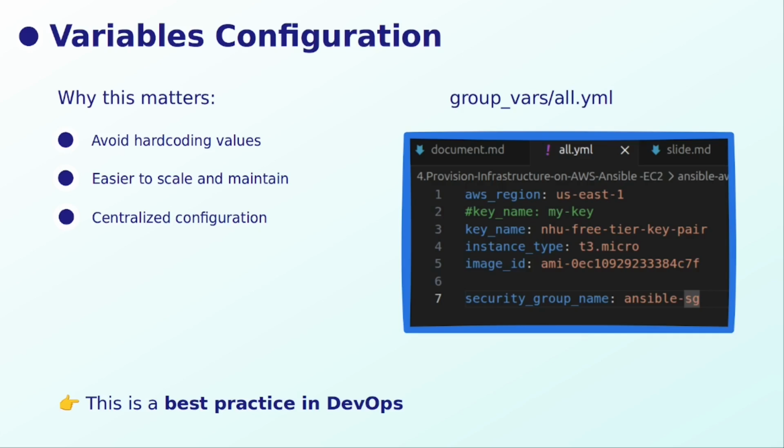Third, it makes scaling easier. You can reuse the same playbook across different environments like dev, staging, and production. This is a standard DevOps practice called configuration management. It helps teams work faster and reduce errors.